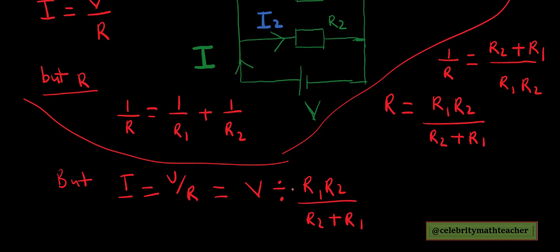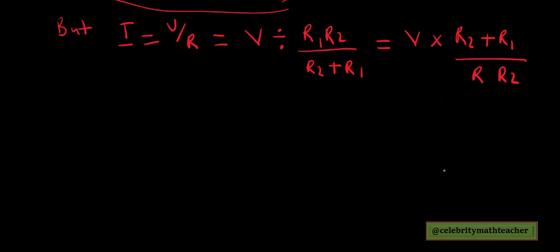Now if I change this to multiplication, this will be reciprocated. So this is equal to V times R2 plus R1 divided by R1 R2. So I've gotten my current. Current is equal to this. That's the overall current flowing.